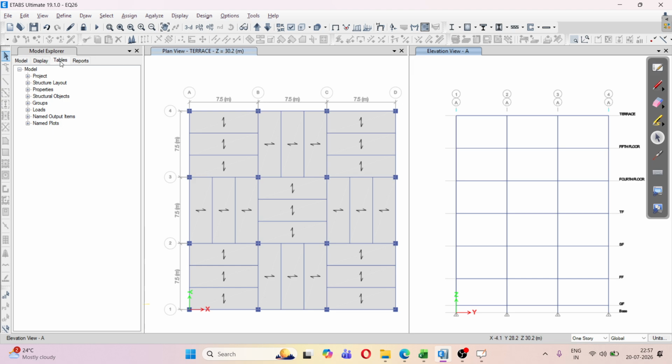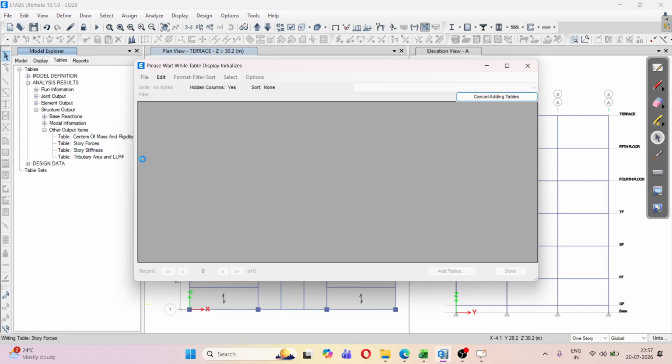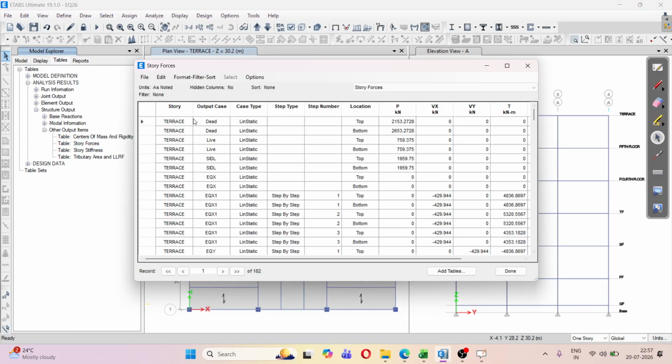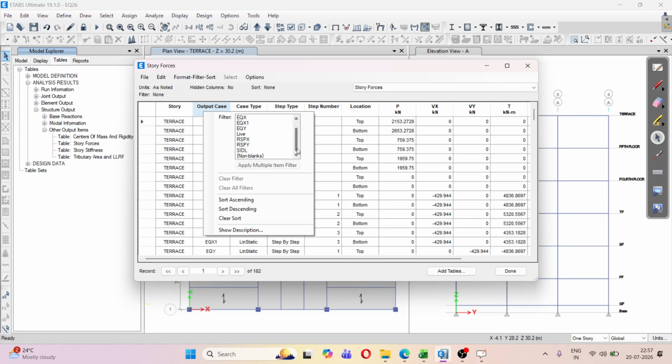After that, to get the P, go to analysis results. Here, structure output, other output. Here there is story forces. So right click, show table. Here we will select our case, which is dead load plus live load.